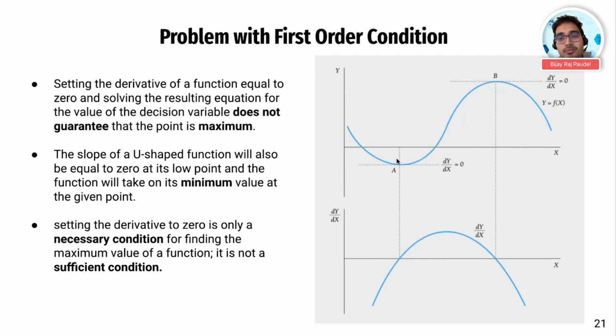You can find a minimum or a maximum by equating the derivative to 0, so that derivative condition is not sufficient. If you see the plot at the bottom, you will see derivative equal to 0 at 2 points, 1 at maximum and 1 at minimum. So derivative equals to 0 is a necessary condition, but it is not sufficient to solve any optimization problem.